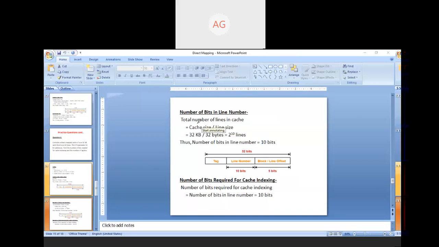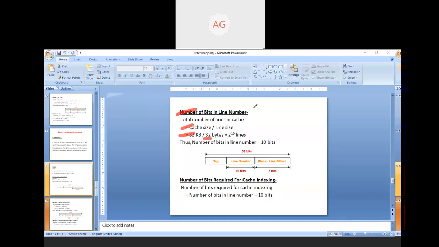Now the number of bits in the line number. As we know the formula, the total number of lines in cache is given by cache size divided by line size. Here the cache size is given to us, which is 32 KB, and the line size is given to us, which is 32. So 32 and 32 cancel, and only 1 KB remains.